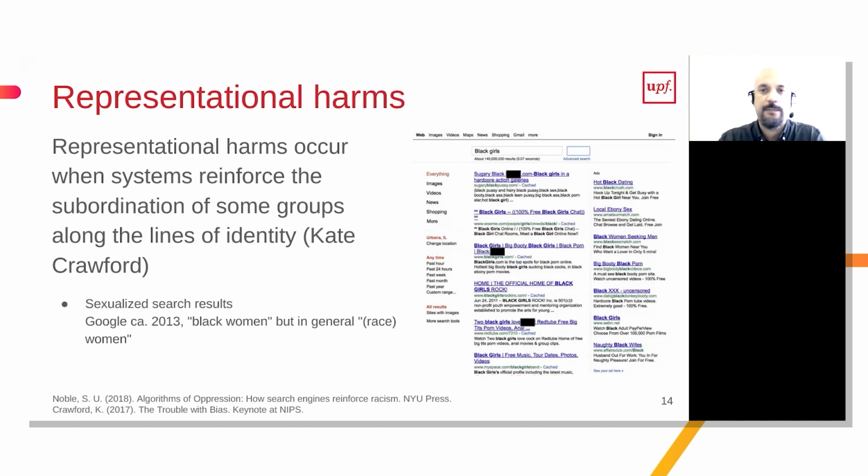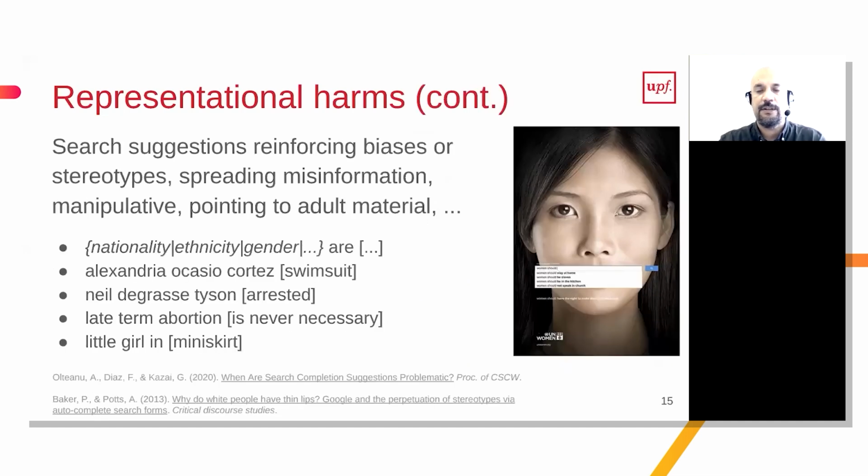It happens for Black women or Black girls. And these representational harms happen when a system reinforces the subordination of a group along certain lines of identity, right? In this case, it is reinforcing a sexualized view of Black women through a certain representation.